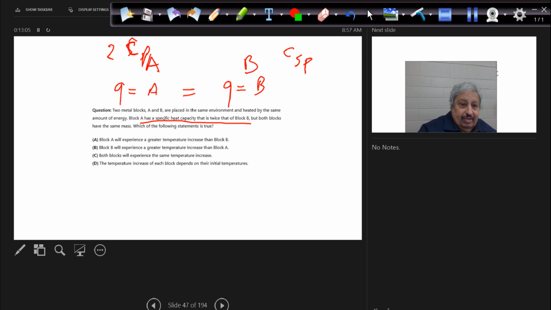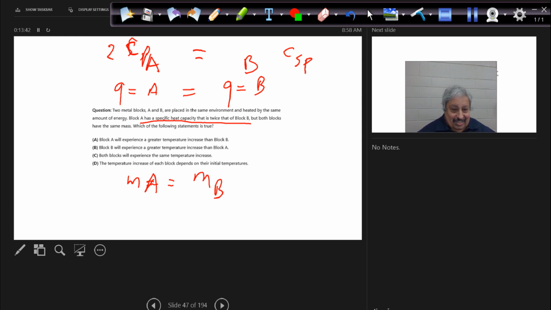So let's put here mass: mass of A equals mass of B. Specific heat is the same except A is twice. Which of the following statements is true? Block A will experience a greater temperature increase than block B. Block B will experience a greater temperature increase than block A. Both blocks will experience the same temperature increase.